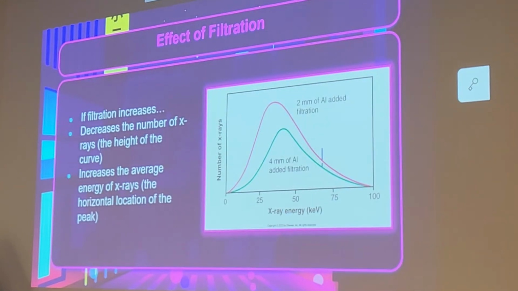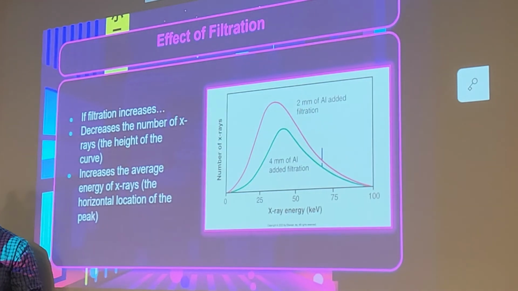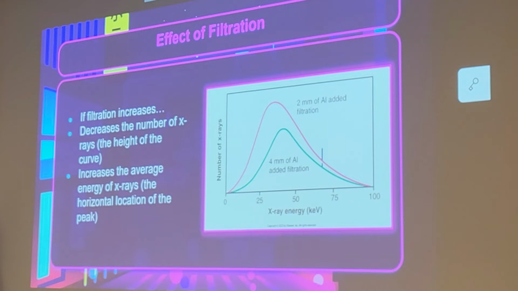So now the effect of filtration when we filter out X-rays. We talked about some type of filtration earlier, and here's how it will affect the emission spectrum and the beam properties. If the filtration increases, the number of X-rays is going to decrease because we're filtering out those low energy photons.